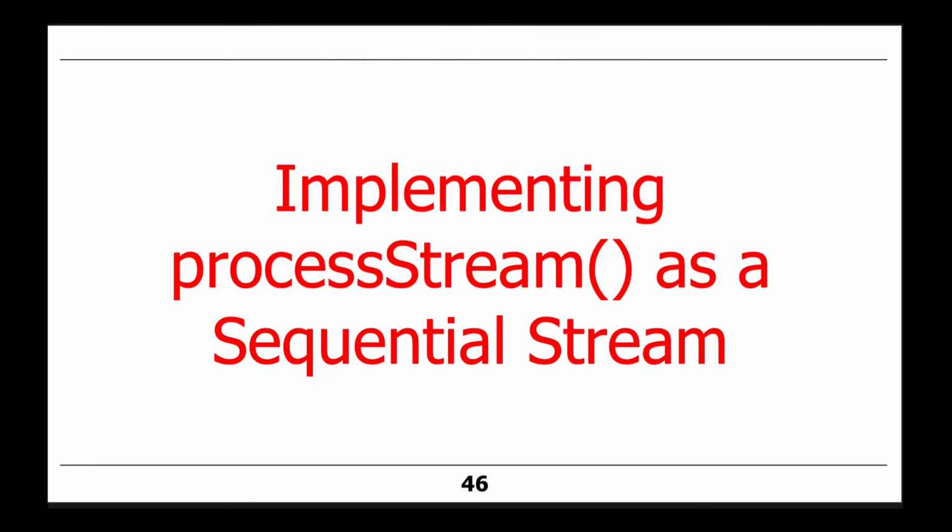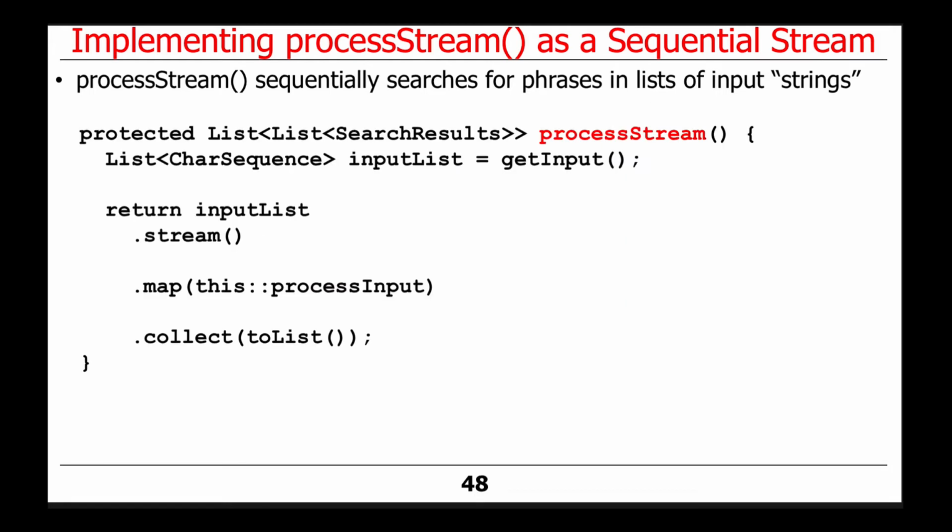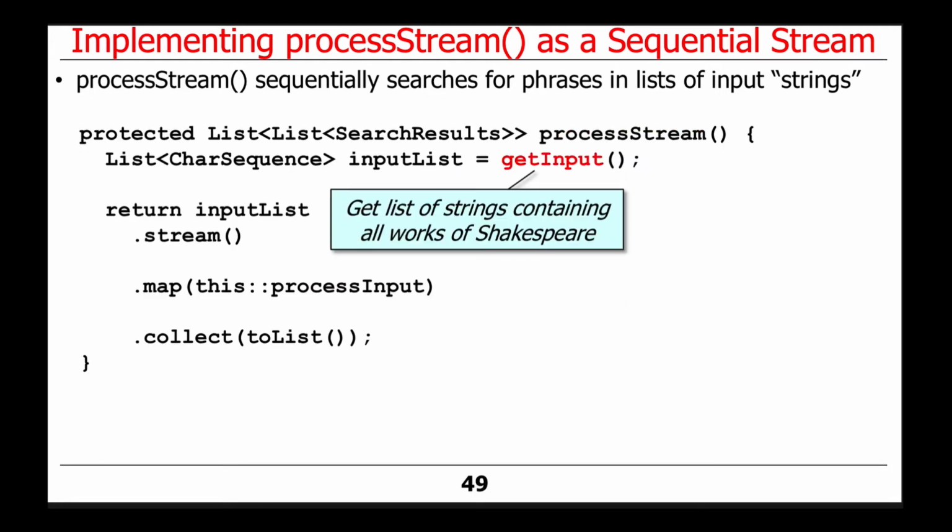All right, now that we've talked about the visualization and I showed you what it looks like, let's take a look at the code. The first thing we'll look at is the part that maps the input strings through the process stream method. Here's what process stream looks like. It calls a helper method in the framework called getInput, which gets a list of all the strings, where each string contains a work of Shakespeare.